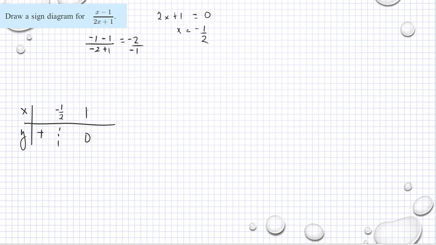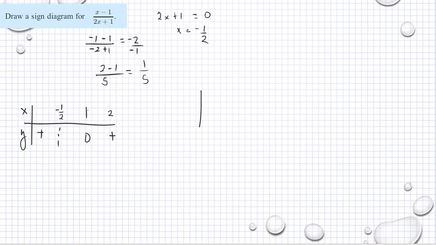And then if we have 2, for example, then we have 2 minus 1 divided by 4 plus 1, that is 1/5. So we have 1/5 when x is equal to 2. Then we have positive here.